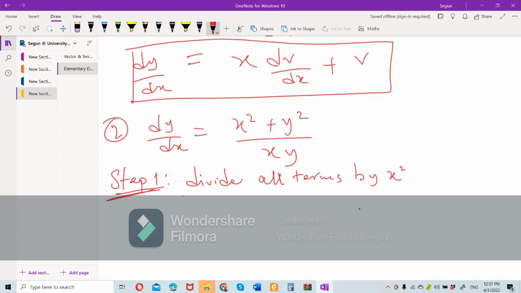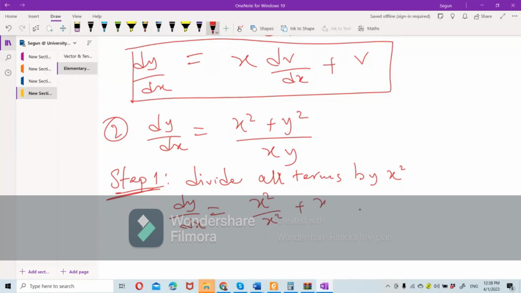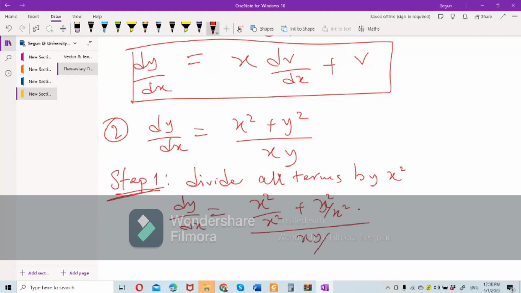Divide all terms by it, we have dy/dx equals x squared over x squared plus y squared over x squared, over xy over x squared. We've done that now.